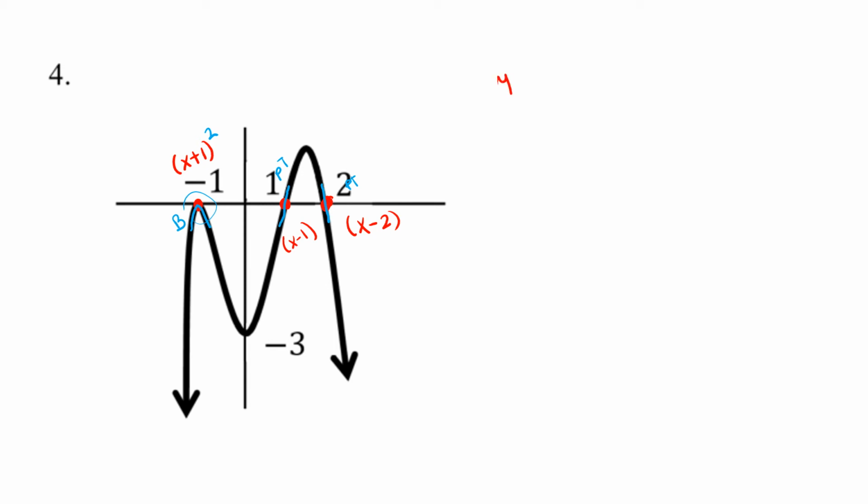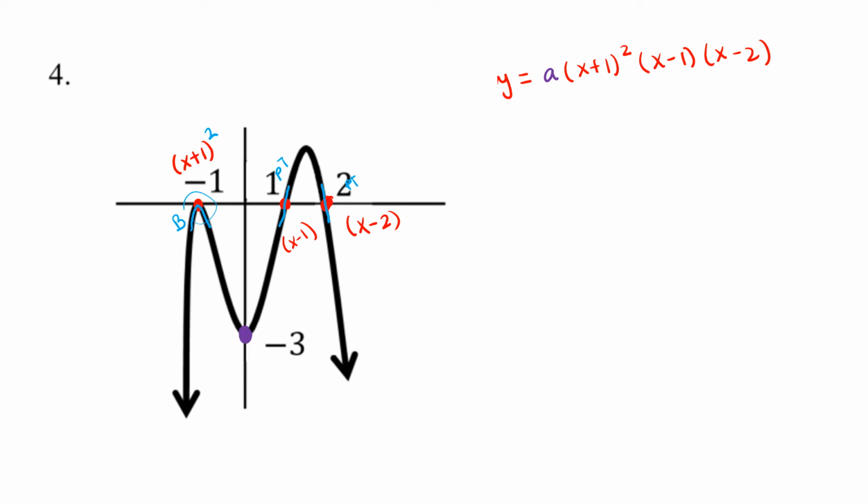We can say y equals, we have this x plus 1 squared, because it's bouncing at negative 1, x minus 1, x minus 2. And the thing we have to remember here is we do need to find that a value. And this is where this y-intercept of negative 3 comes in.